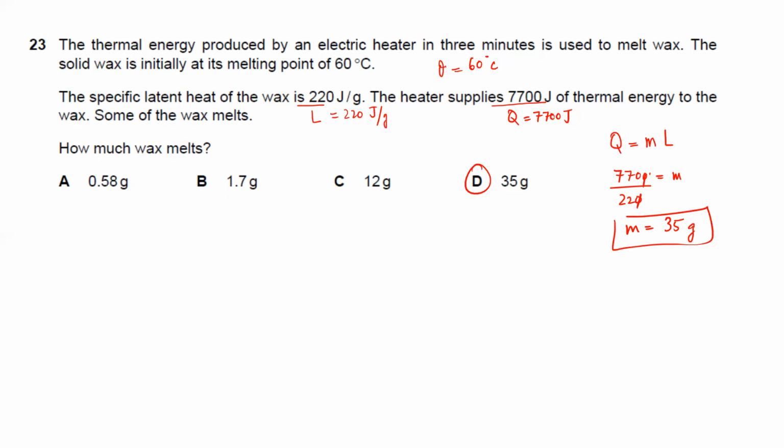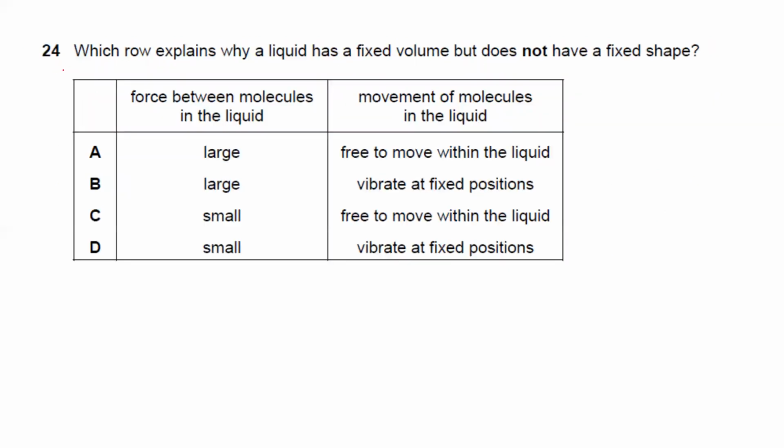Okay, next question. Question number 24, it says which two rows explain why a liquid has fixed volume, but does not have a fixed shape. So the first column is the force between the molecules in the liquid, and number two is movement of molecules in the liquid.